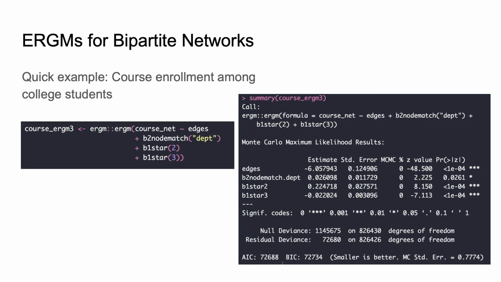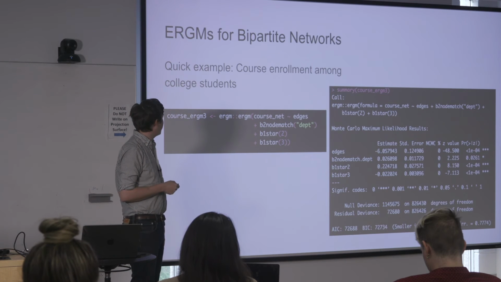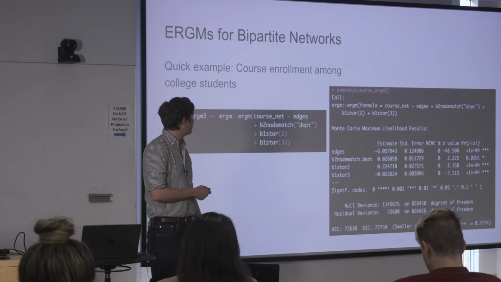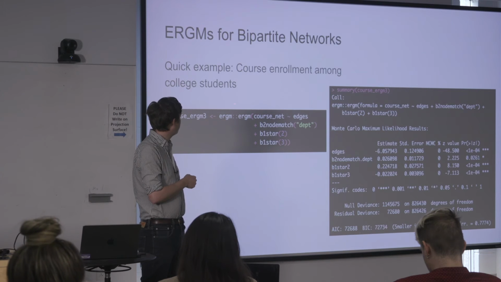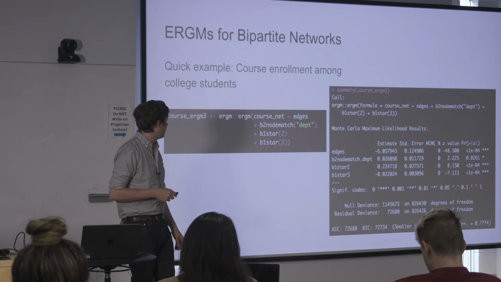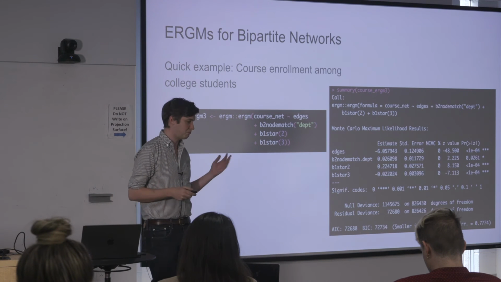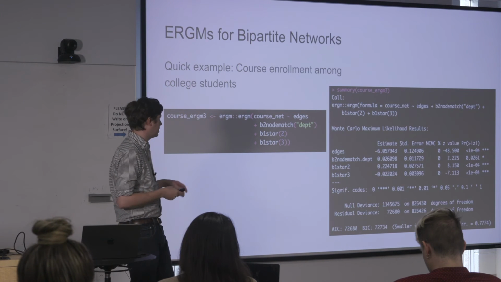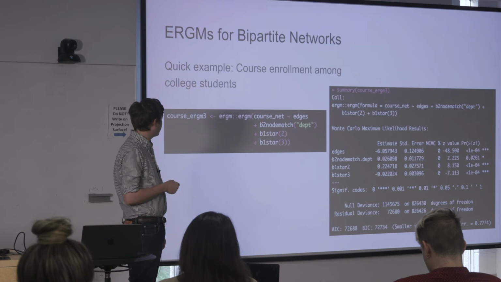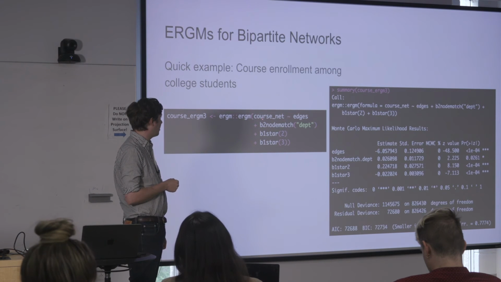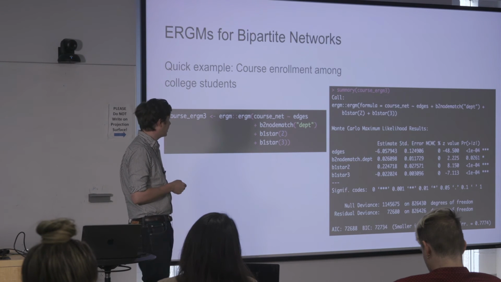And then just as a quick example of putting these terms into use, I'm using data here on course enrollment among college students at Notre Dame. In the code that I'll send along, there's the code to build and clean that data set. But basically, I just fit a very simple ERGM here, the two-mode network of students being linked through the courses that they enrolled in.